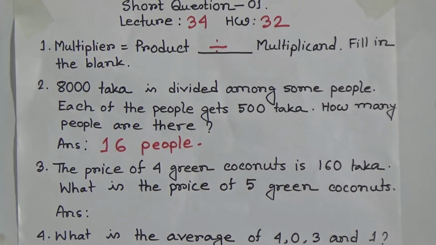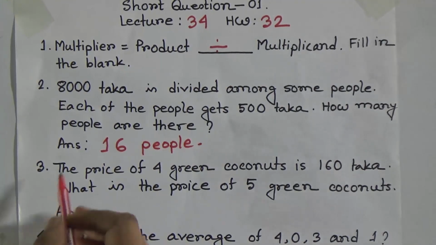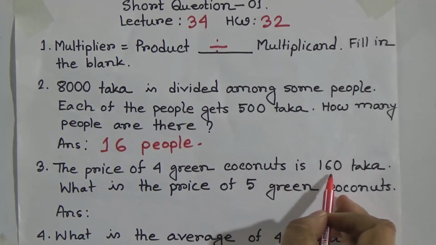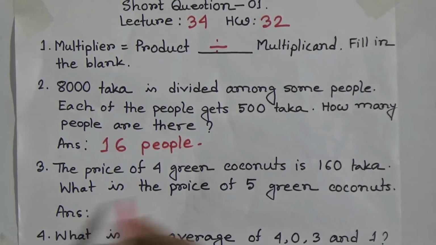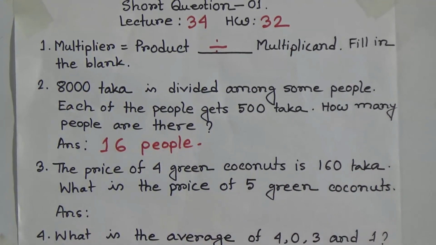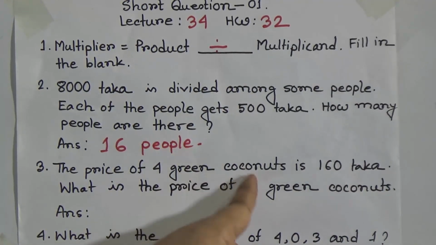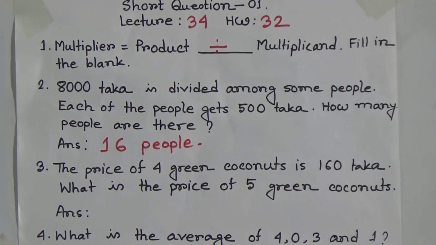Okay. Question number 3. Notice, the price of 4 green coconuts is 160 taka. What is the price of 5 green coconuts? My dear students, we need to find out the price of 5 green coconuts.